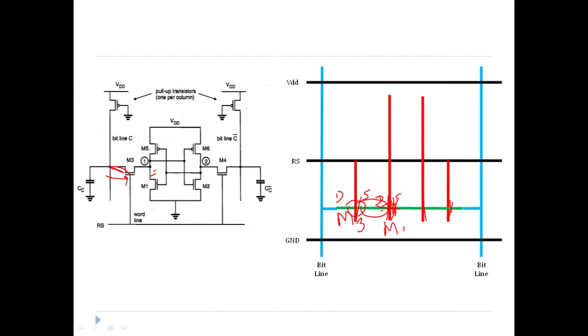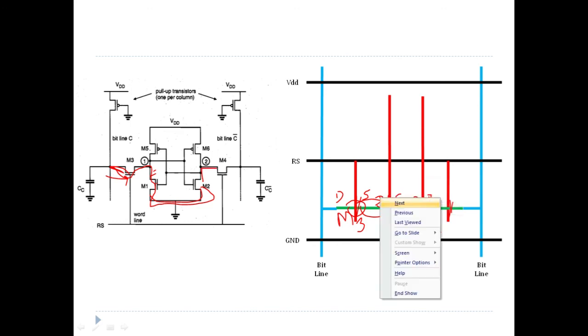Now you can see the source of M1 and the source of M2 are connected. So the next transistor would be M2, and this would be source, and because this is source, this becomes the drain of M2. So we started from the left hand side. We first fabricated M3, then M1, then we reached M2, and the drain of M2 is connected to the source of M4.